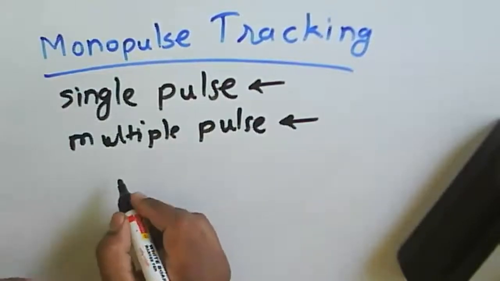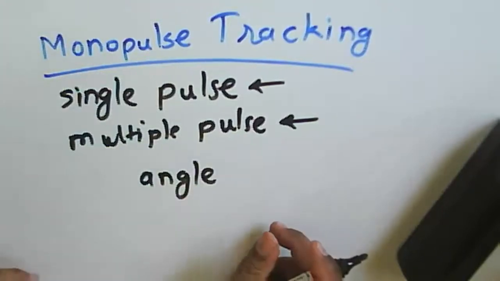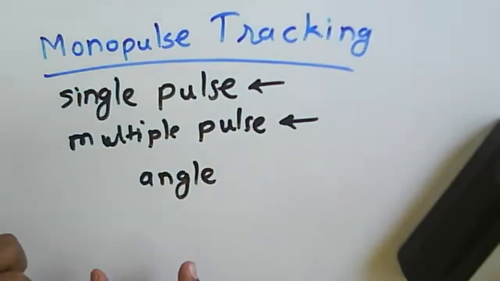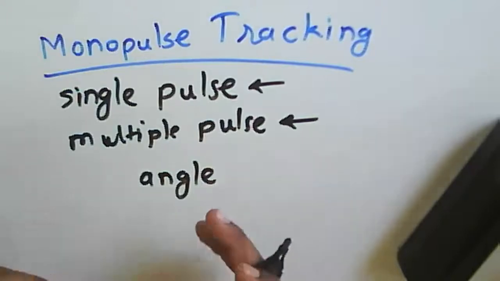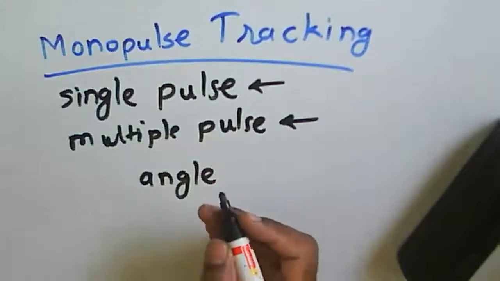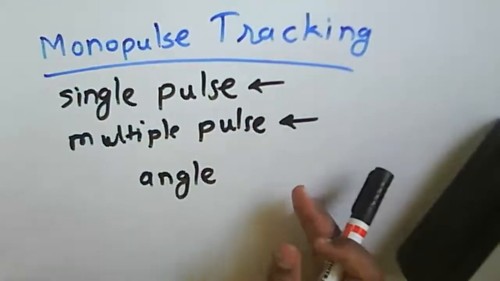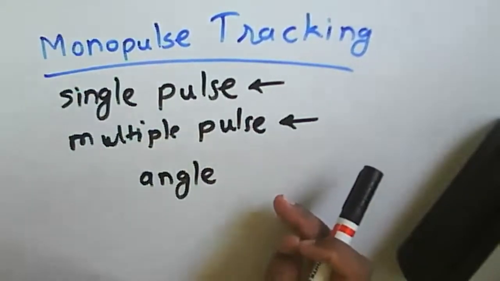That will be useful for identifying the angle here, in other words azimuth and elevation, the angular information of the target. Right now we are not talking about the range. We are just talking about the angular information of the target.